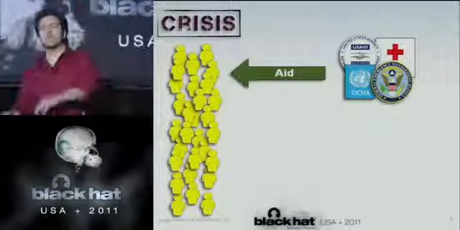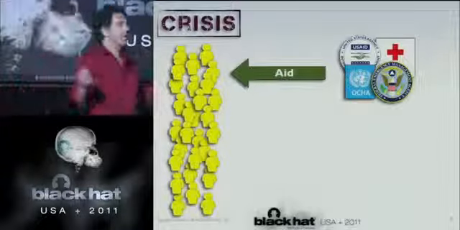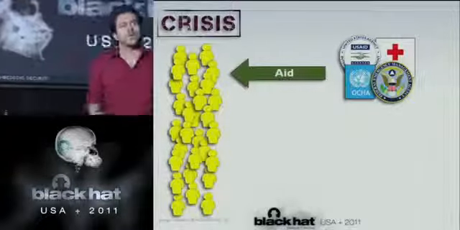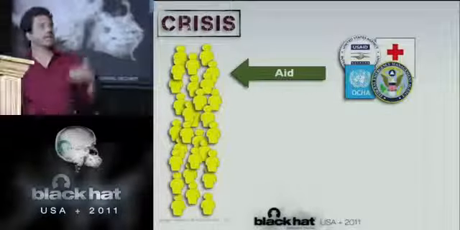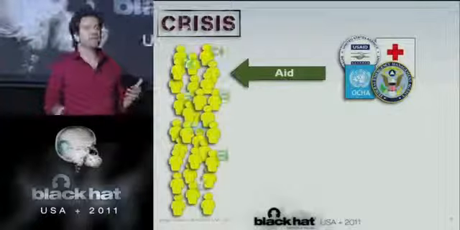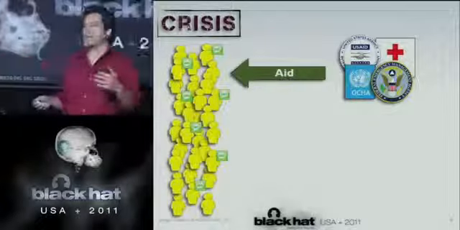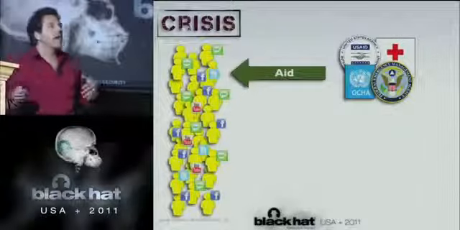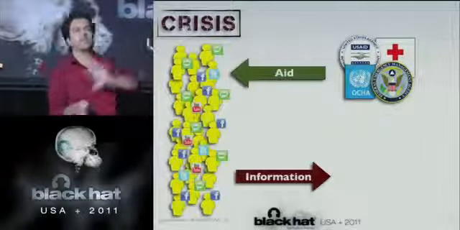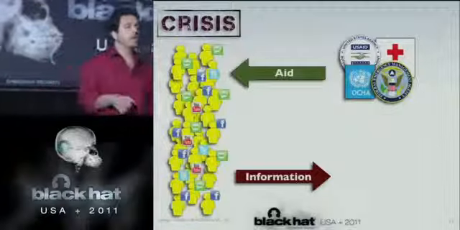This is the way that it's been done for the history of crisis response by these organizations. But what's different now is that those people inside of the disaster, inside of the crisis zone, have cell phones that can send out SMS messages. They've got things like Facebook accounts or Twitter accounts, and they can send out YouTube videos. And this is resulting in a huge amount of information coming out of these crisis areas.